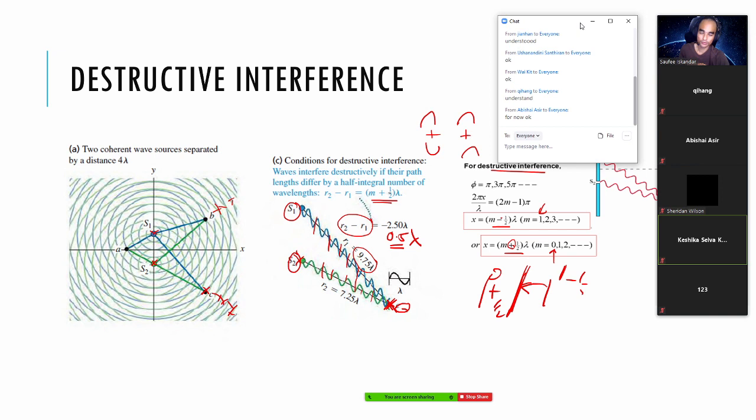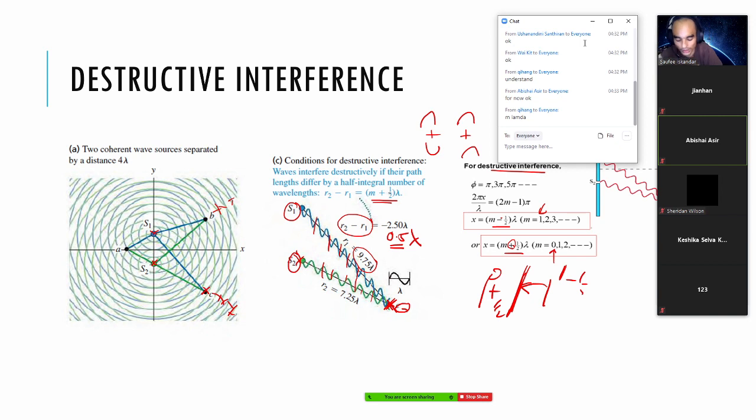R1 minus R2 equals to... Is it n plus 1 over 2 lambda, sir? No, constructive. Is it 2 lambda? No, it's m lambda. Yeah, it's m lambda.